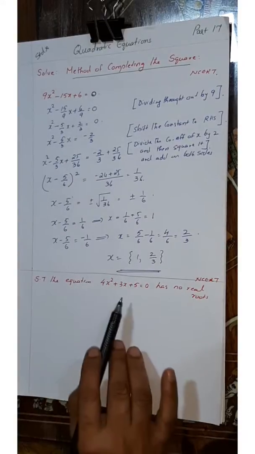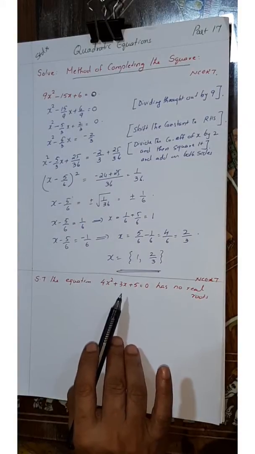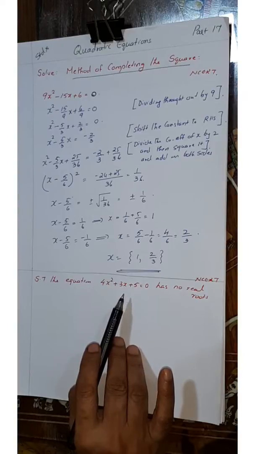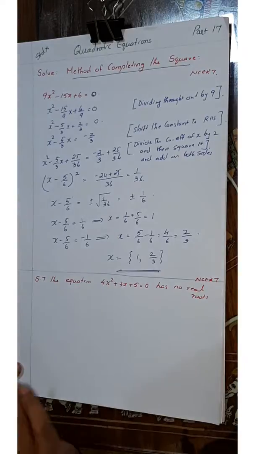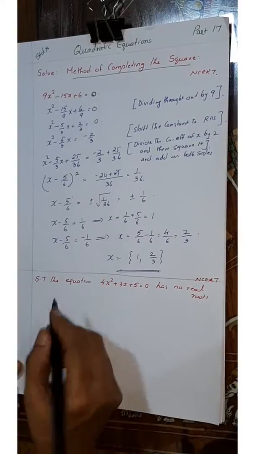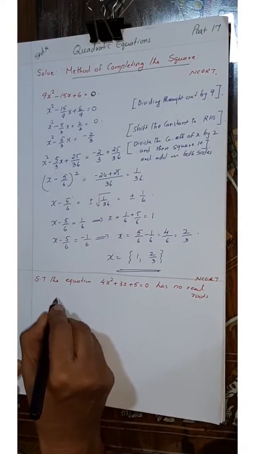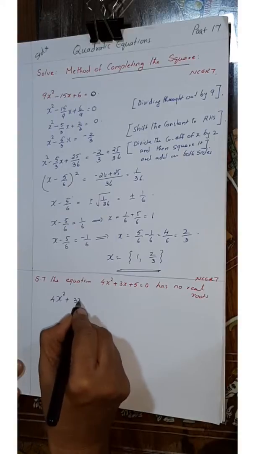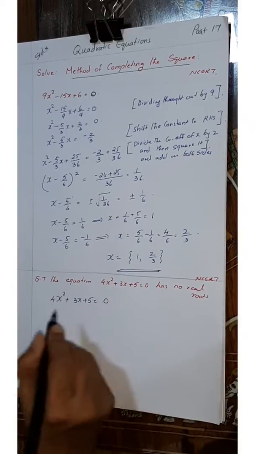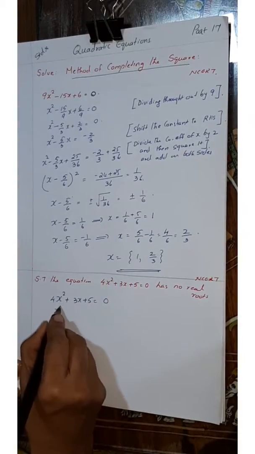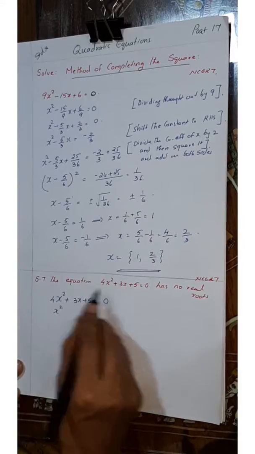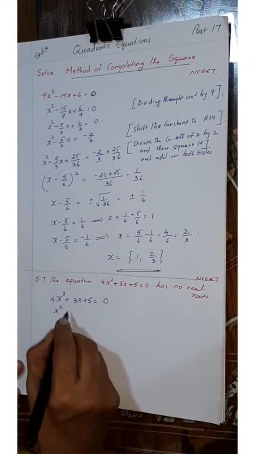Now show that the equation 4x squared plus 3x plus 5 has no real roots. So again we will use the same method. So 4x squared plus 3x plus 5 equal to 0. So I will divide throughout by 4 and also shift the constant to the right hand side.